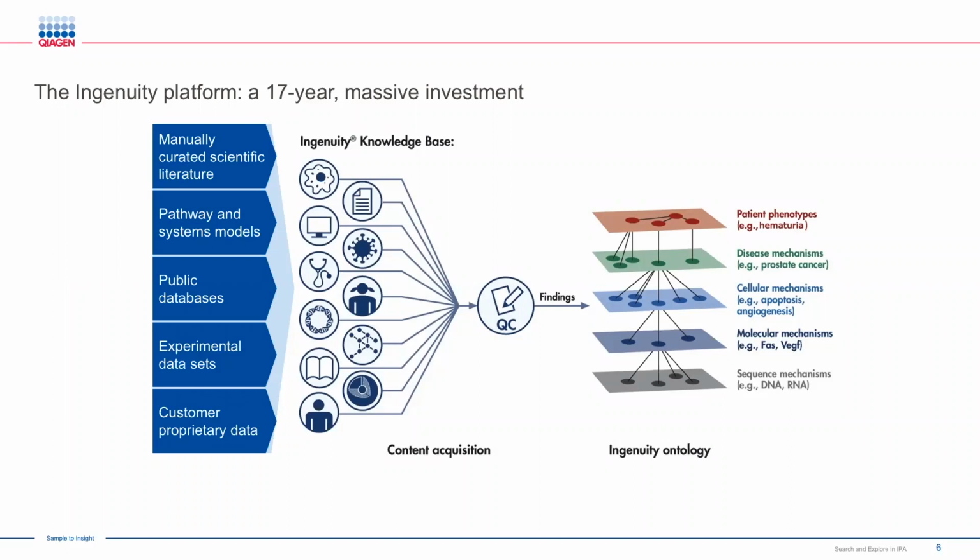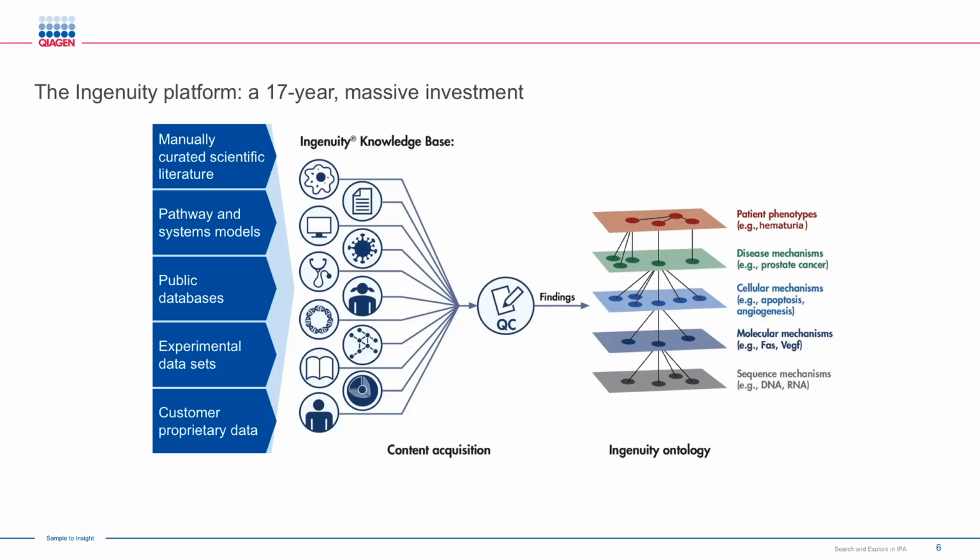For example, for the analysis match feature, we have over 57,000 different experimental data sets that you can match with your analyses. And you can have your own version of the knowledge base where you can securely add data to this, and that can help you make some important connections with your research.